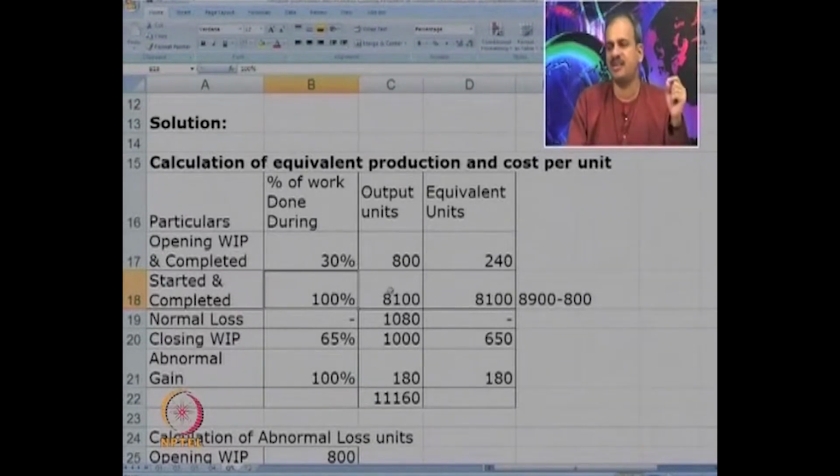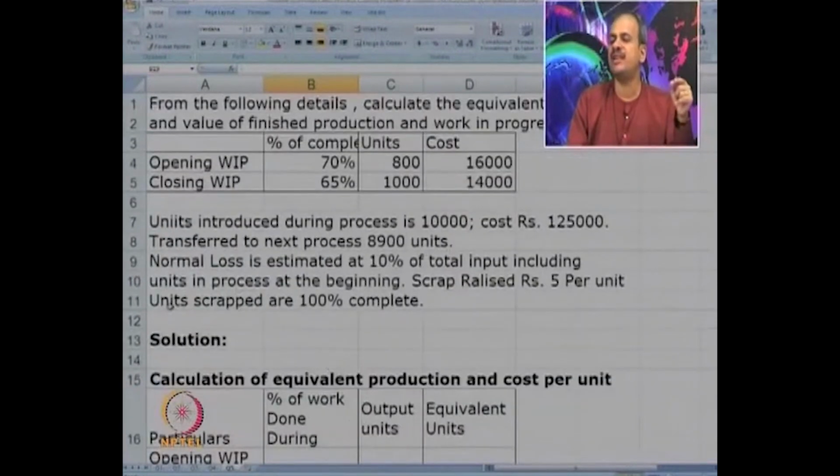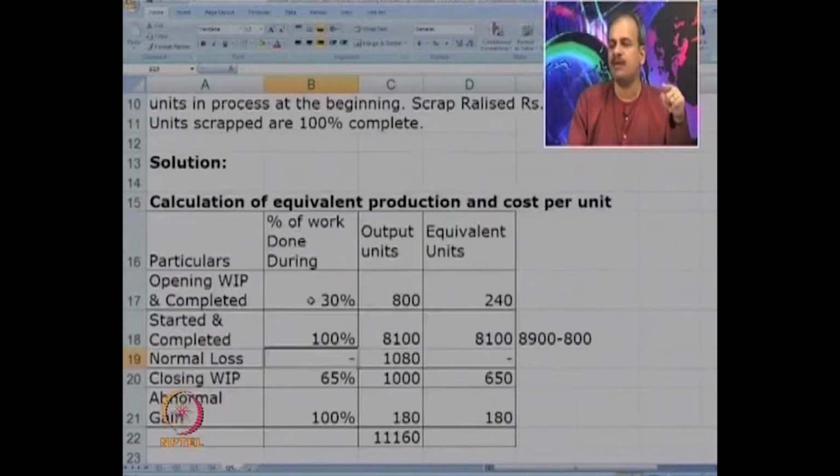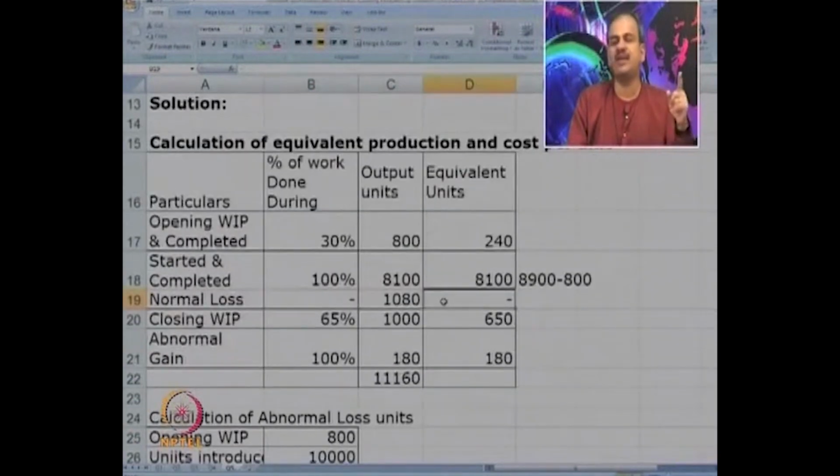So they are 100%. So I get equivalent output as 8100. Normal loss is 1080, 10% of input plus opening WIP. I will put a dash because no work can be taken as it. Even if it was given that units scrapped are 100% complete, we don't take it in the equivalent output because they are to be charged to the customer.